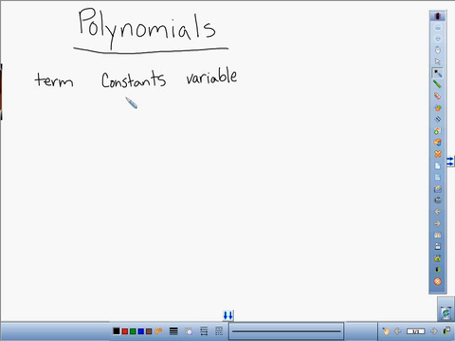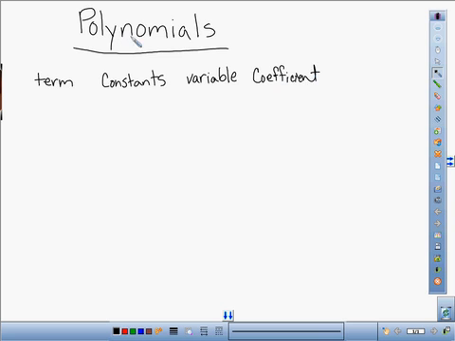So just plus 5, minus 10, plus 23. Those are all constants. We discussed coefficient. A coefficient is a number in front of a variable. So 2x, x is the variable, 2 is its coefficient. All right. So these are some of the vocabulary that we use when we're discussing these things.